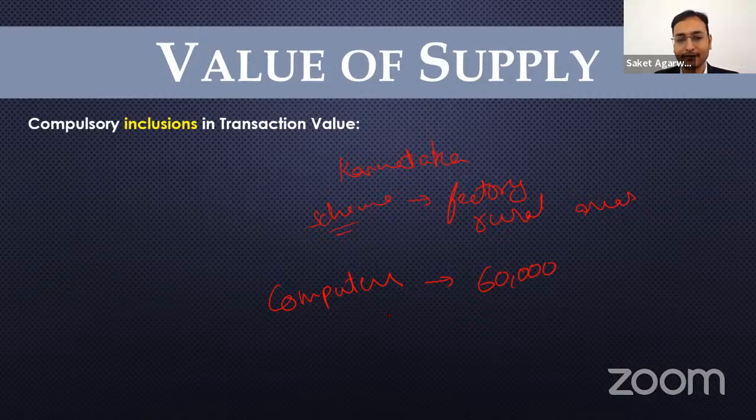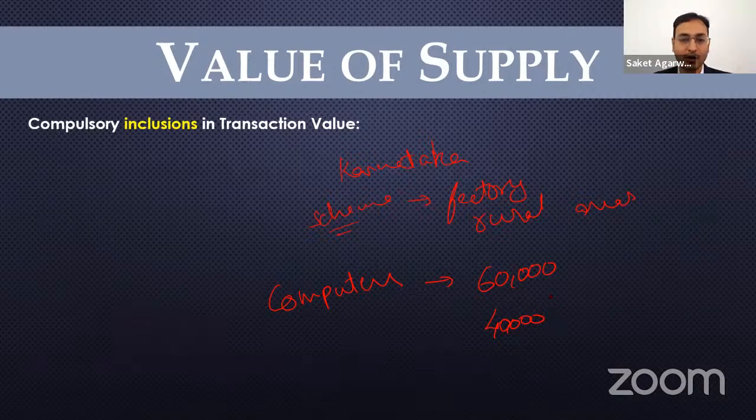Government is saying, for the development of the rural area, don't sell this for 60,000 rupees, sell it only for 40,000 rupees. We want computers to be used by the poor people also. It should be affordable for them. So instead of charging 60, you charge them 40 only. This the government is telling to the seller.